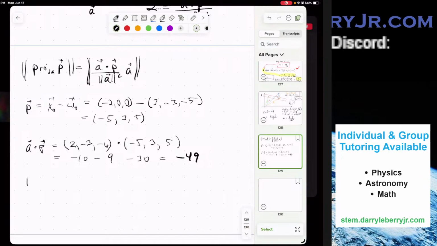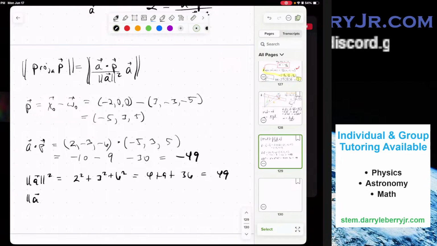And the magnitude of A squared, that's going to be 2 squared plus 3 squared plus 6 squared. So that equals 4 plus 9 plus 36. So that's 49. And the magnitude of A equals 7.